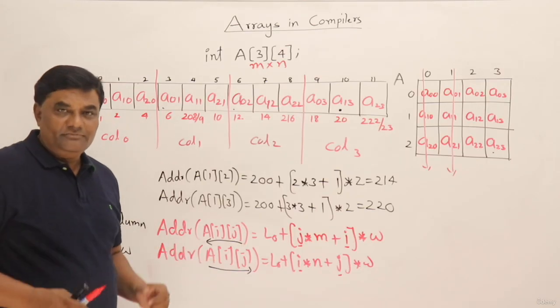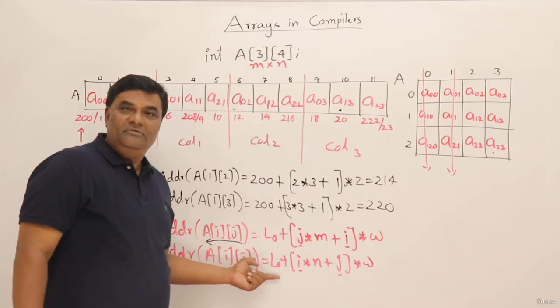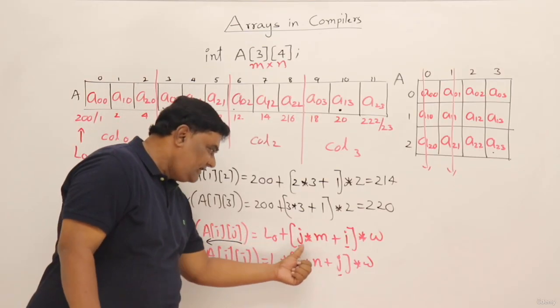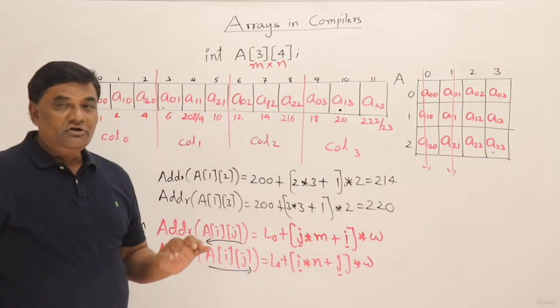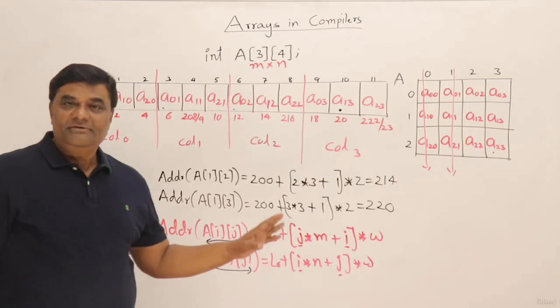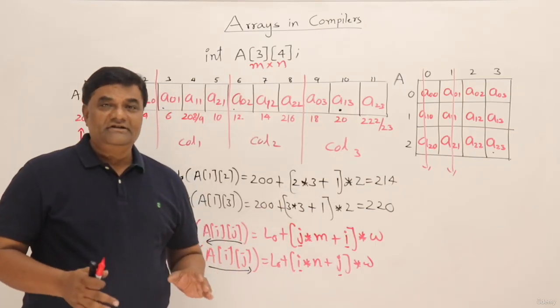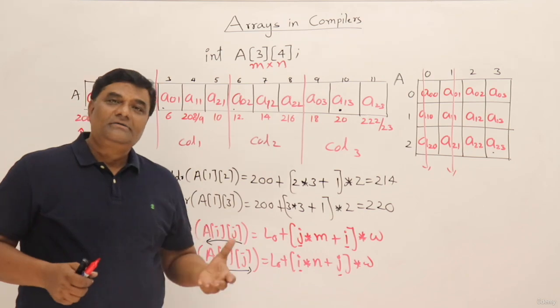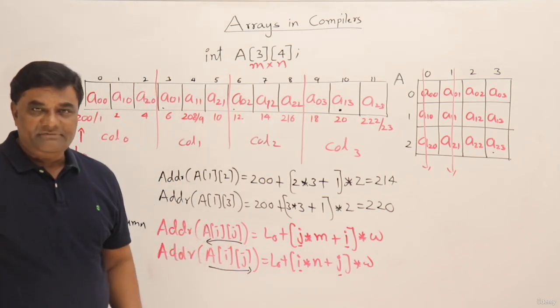Now let us observe one more thing here. How many operations do these two formulas have? Plus, plus, multiply, multiply, and plus, plus, multiply, multiply. So both formulas have the same number of operations. So in terms of time, both are equally efficient. A compiler may follow row measure mapping or column measure mapping.